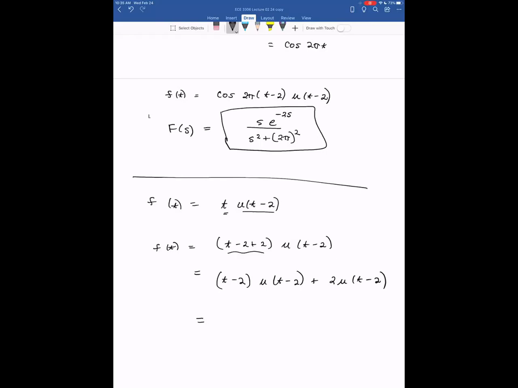The transform of t is 1 over s squared, so I'll write that down as 1 over s squared, and then the time shift gives me an e to the minus 2s. And then the transform of 2 times the time shifted step function will be 2e to the minus 2s over s. I don't have a math error there. Maybe not.